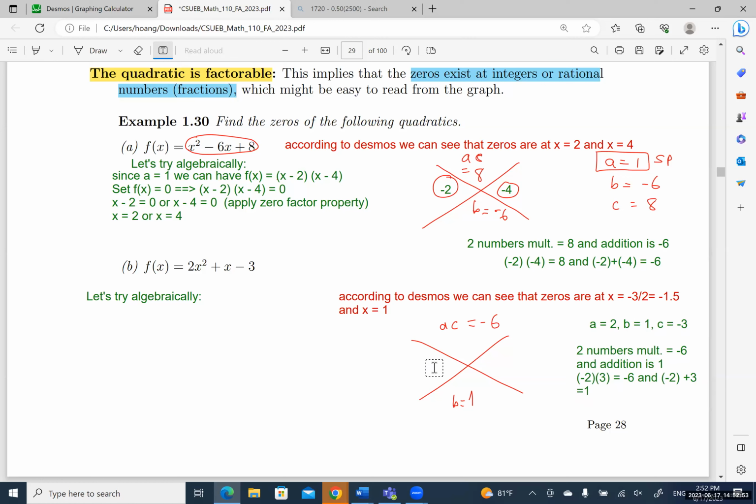So then I can say negative 2 and 3 here. Then I cannot right away get to x minus 2 and x plus 3 there. I will have to split the x into negative 2x and plus 3x.